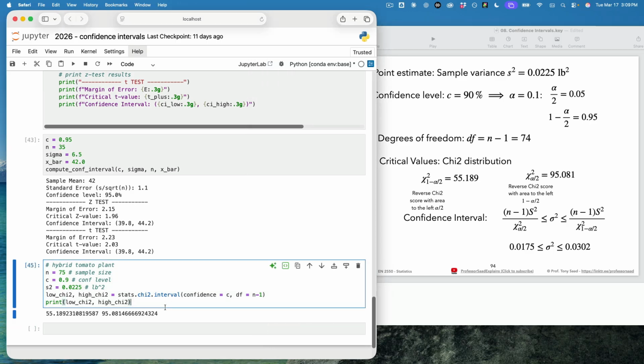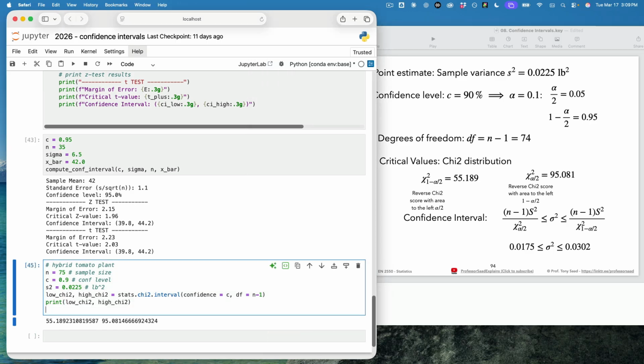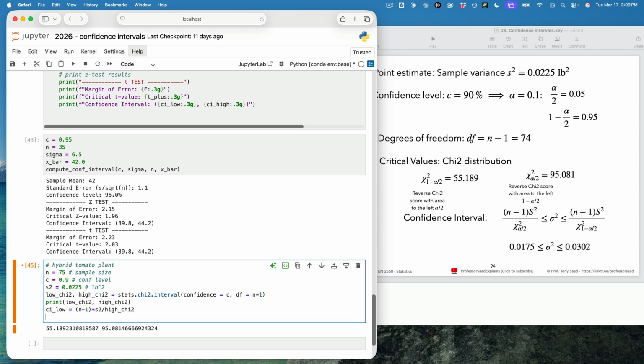So for the confidence interval, we still need to do one more step. CI low will be n minus 1 times s squared over what? High chi squared, right? Because that's going to give us the smaller value. And CI high is also n minus 1 times s squared over low chi squared.